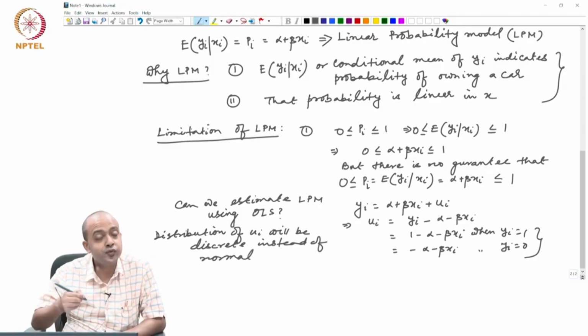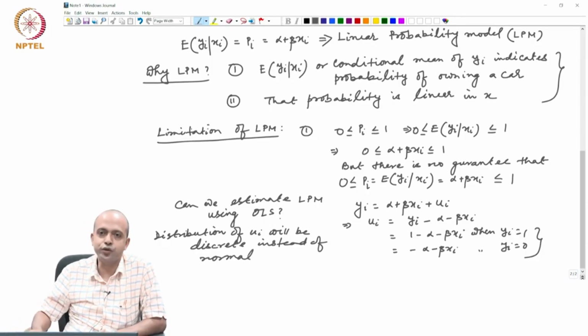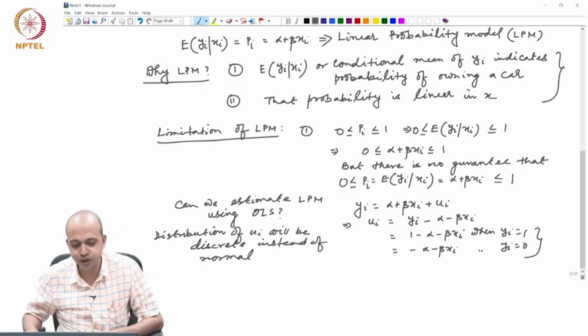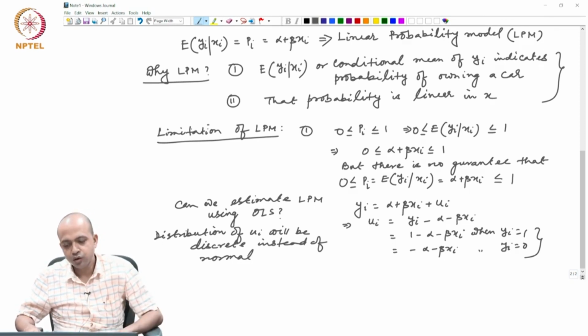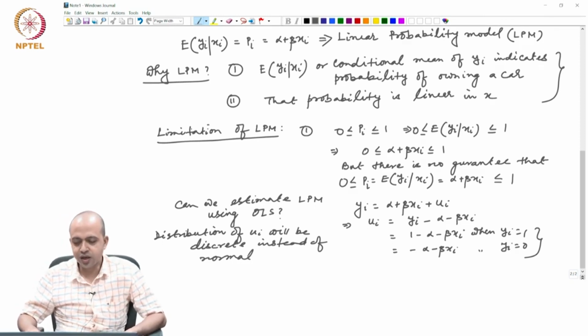Now, if ui follows a discrete distribution, we cannot go for hypothesis testing, as you know, because for that we need the normality assumption of ui. Otherwise, we cannot construct the test statistic for conducting hypothesis testing. So, this is another problem of linear probability model, that first of all there is no guarantee that the probability will lie between 0 and 1.